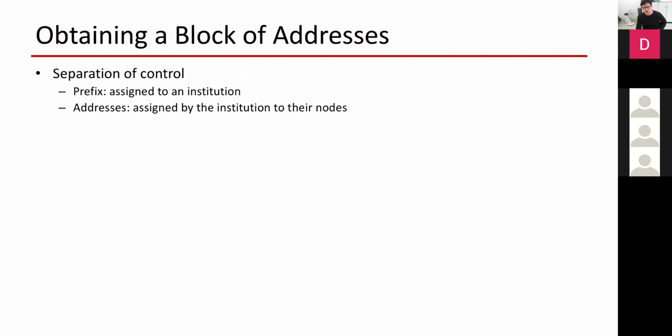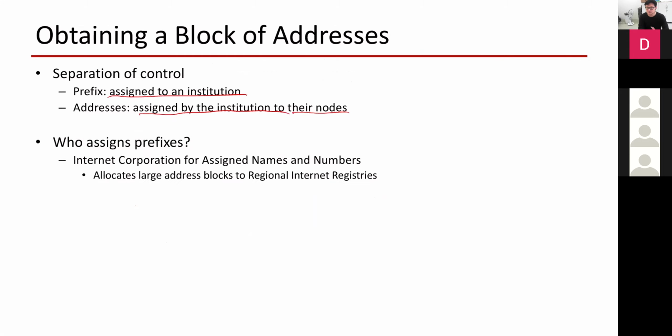So, obtaining a block of addresses. How can I obtain a class A network? We separate the prefix and the addresses. The prefix is assigned to the institute, and the addresses are assigned by the institute to their nodes, my computers. So who assigns the prefixes?